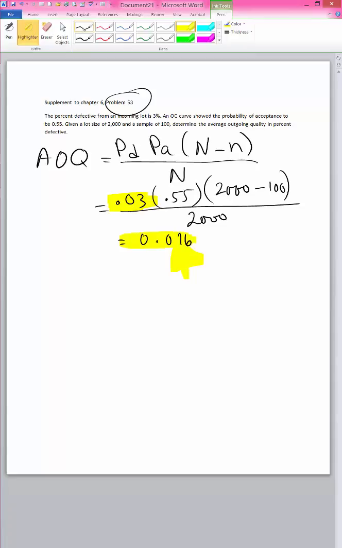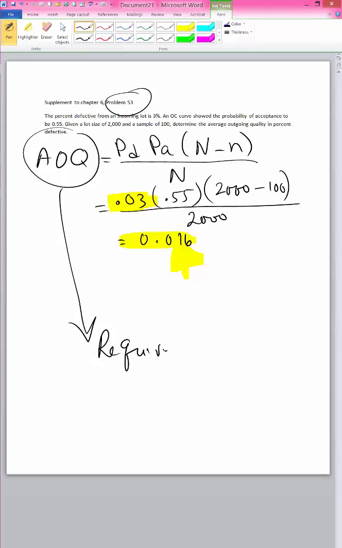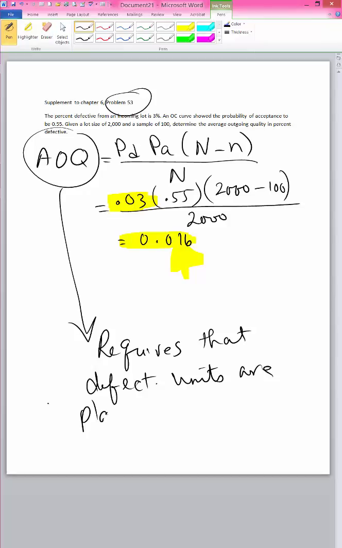But keep in mind that when we do acceptance sampling, that assumes that defective units are replaced if found in the sampling process.